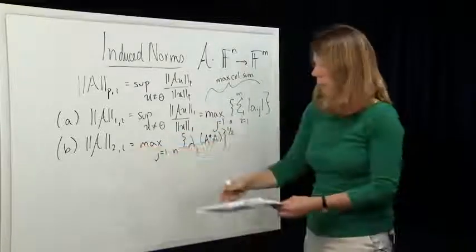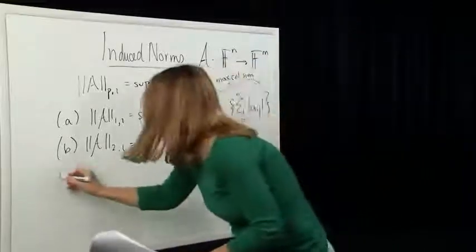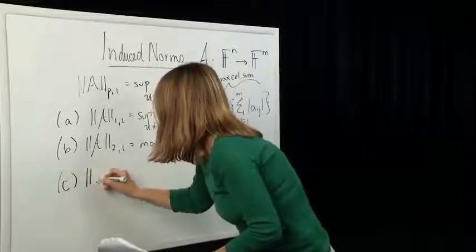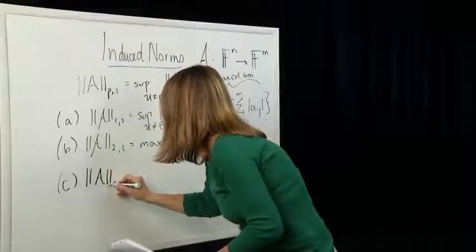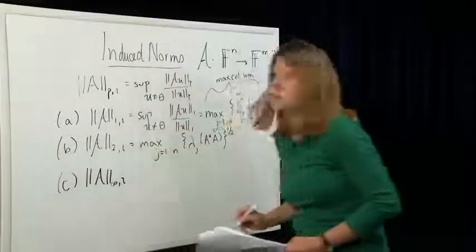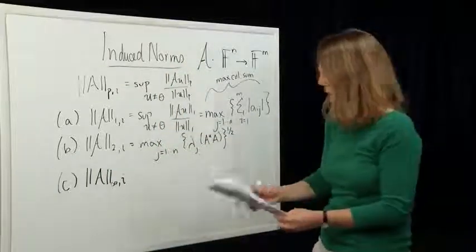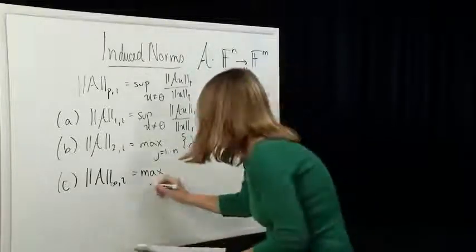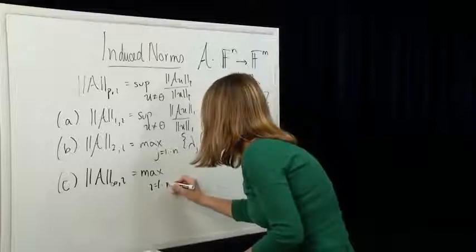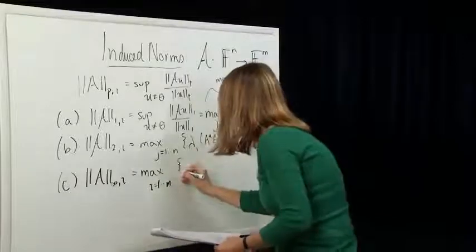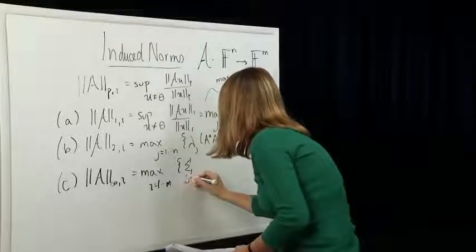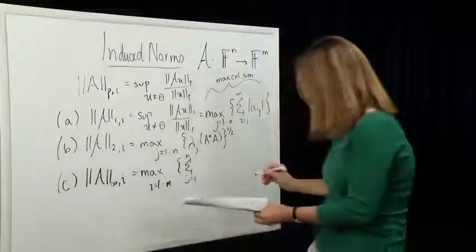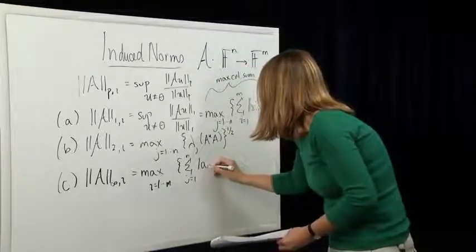We haven't proven those. And then finally, for the other popular vector norm, which is the infinity norm, we can come up with an induced infinity norm on a matrix. And that's equal to the maximum from i equals 1 to m of the summation from j equals 1 to n of the absolute value of aij.